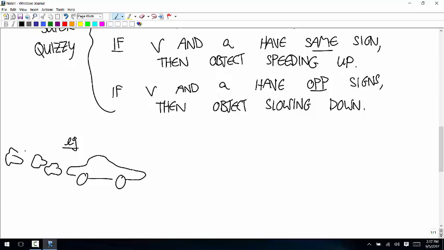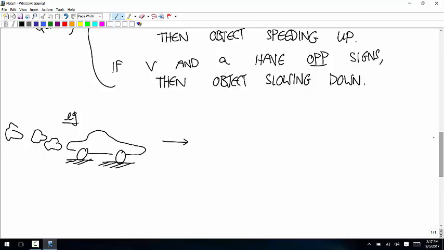I don't think cars really make puffs of smoke like that, but so this car is heading this way, okay? And let's say we make the direction that it's moving our positive direction. So first, let's say it's speeding up.